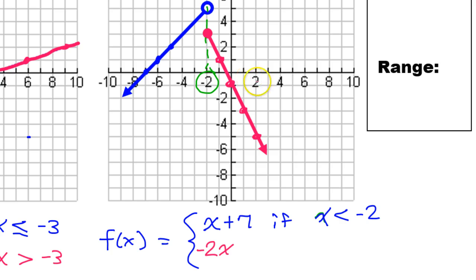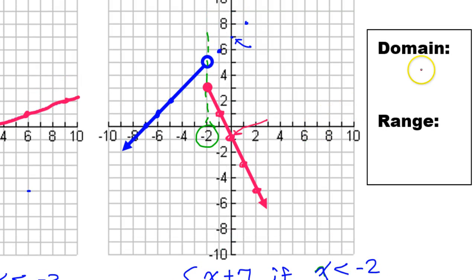Now the y-intercept, you can see, is right here. It's where it crosses the y-axis. So 2x minus 1. If x is, now this graph is to the right of -2. So these x values are greater than or equal to -2. Again, or equal to, because I see the closed circle, the point at -2 is included.